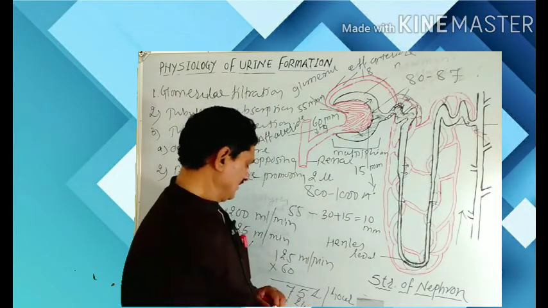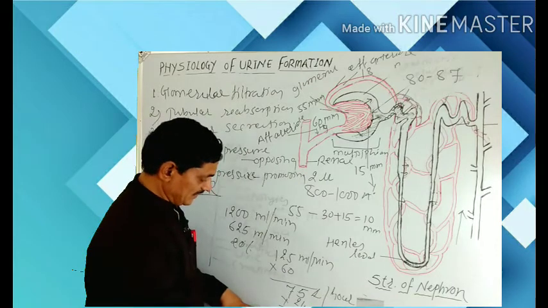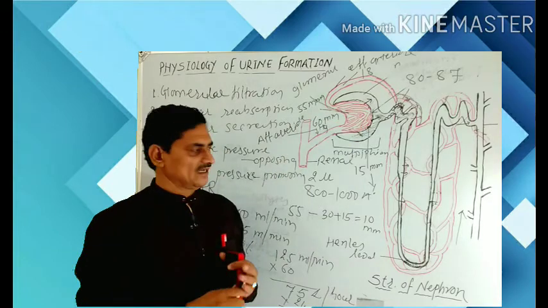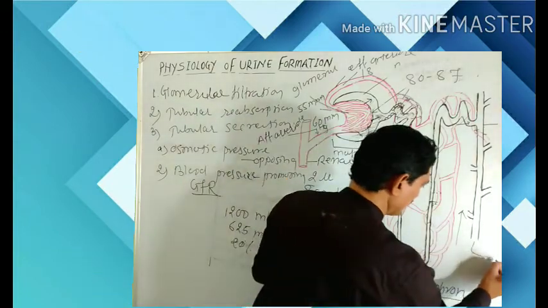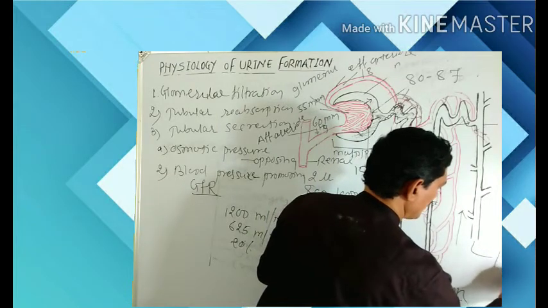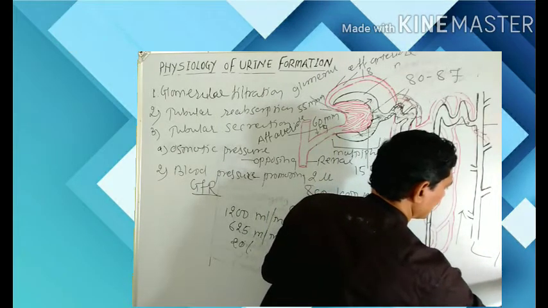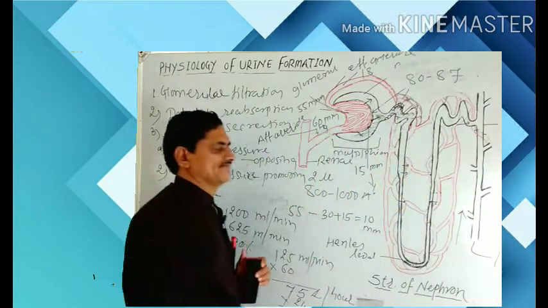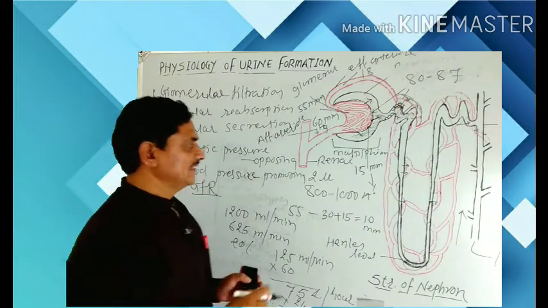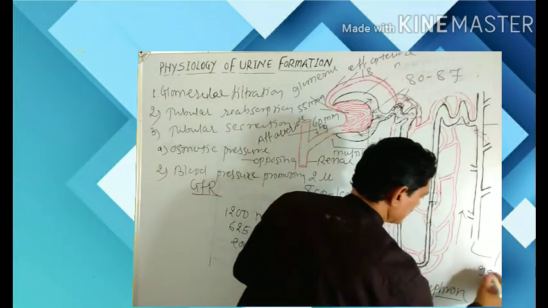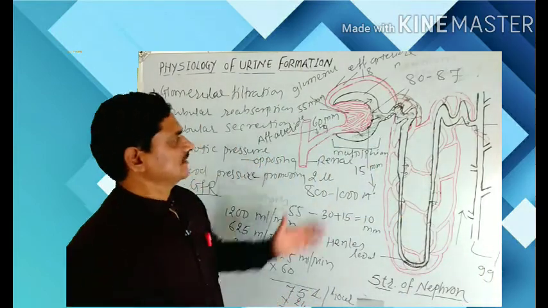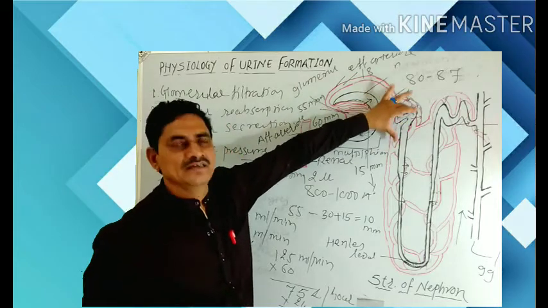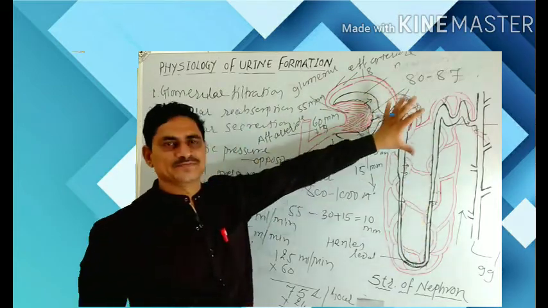As we know, in a day 180 liters of filtration occurs in the kidney, but the actual urine given out is 1.5 to 1.8 liters per day, because 99% of the solutes are reabsorbed by the different parts of these tubules.